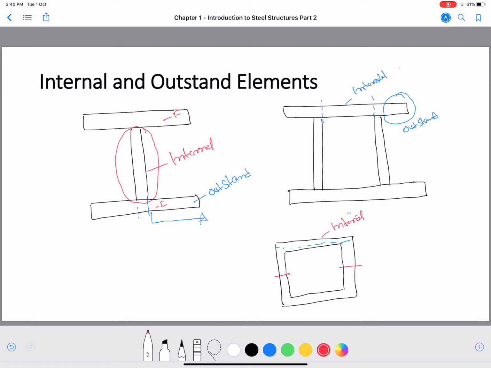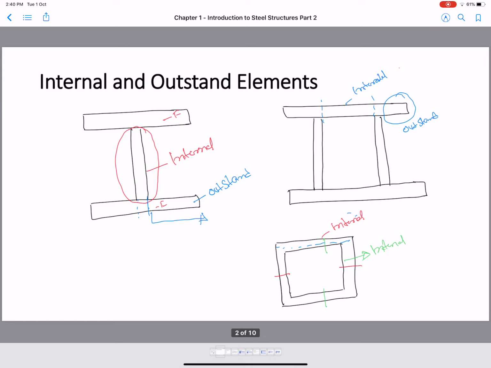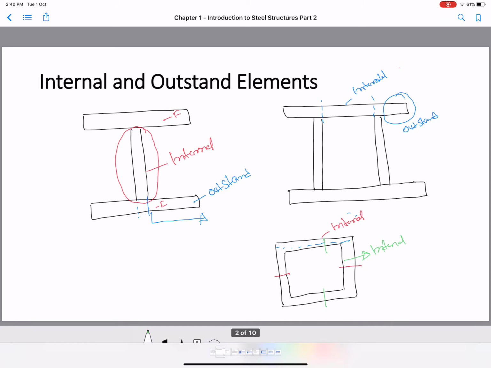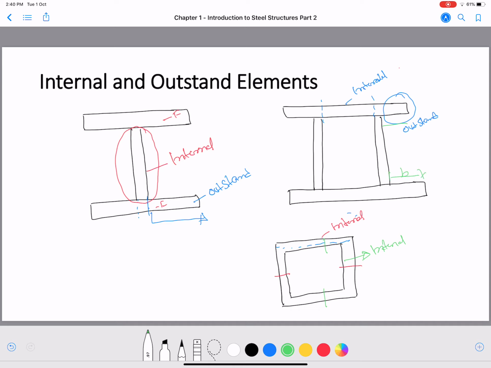Again, this element is also supported by this and this, so this will also be called an internal element. How can this be used? In general, this is called B and this is called the thickness of the member.